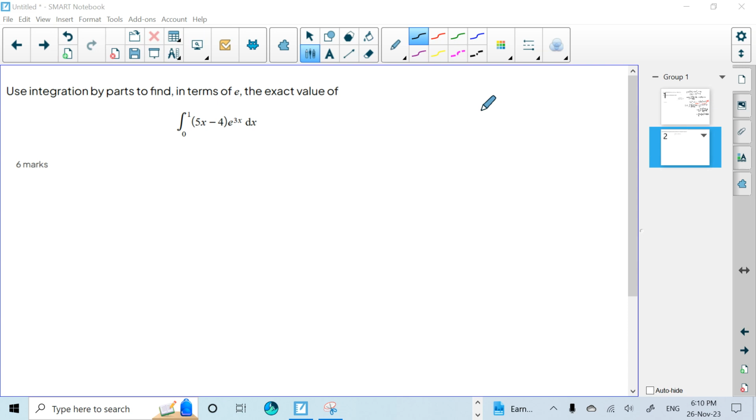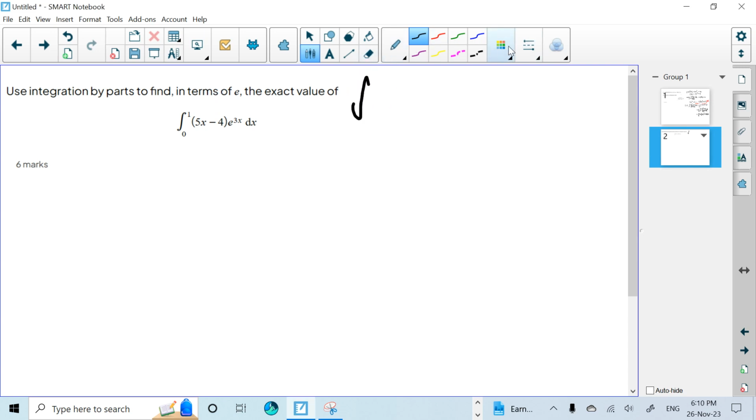Right, I've got to get my pen to work. So we've got to show that with limits 1 to 0, of course, we need to write it in terms of integration and show how we tell the examiner we know what we're doing. So, integration by parts, we write out the integral.